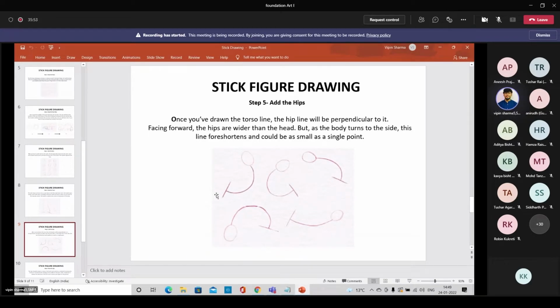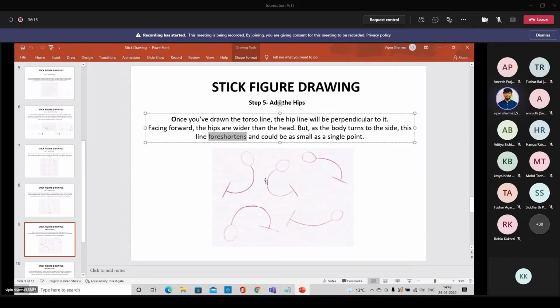It comes from the outside of the face. The thickness of this line is broad when we measure it with the hand, right? But suppose the character is in a side view, so we consider this line as a point. So it comes in a single point because lines come in a foreshortened way.